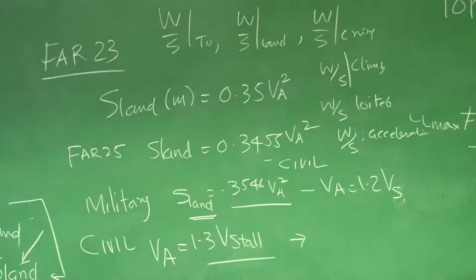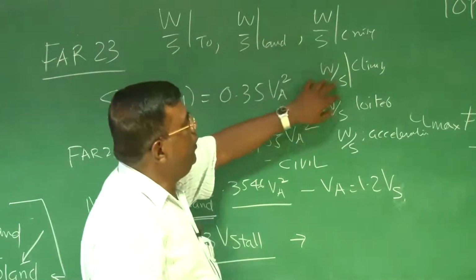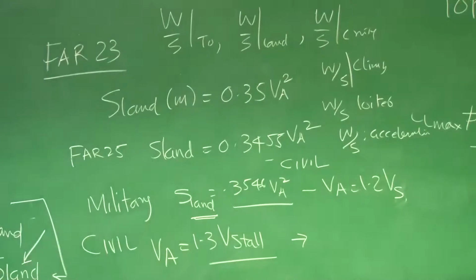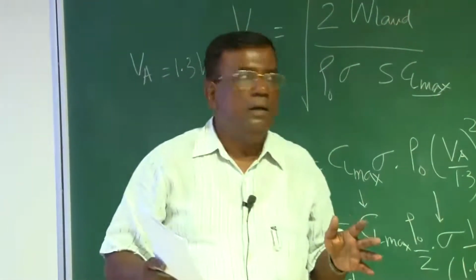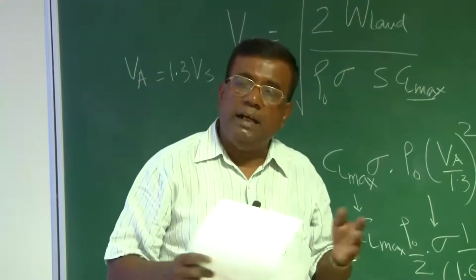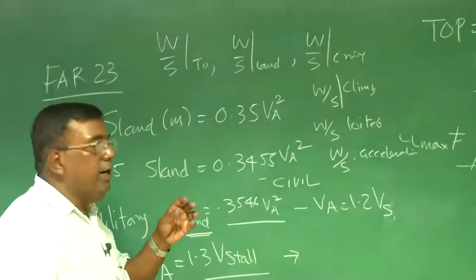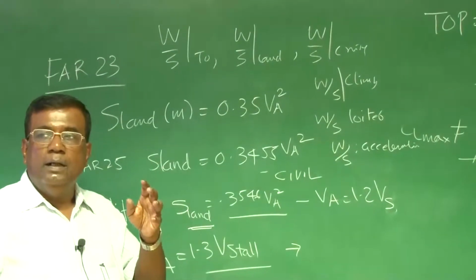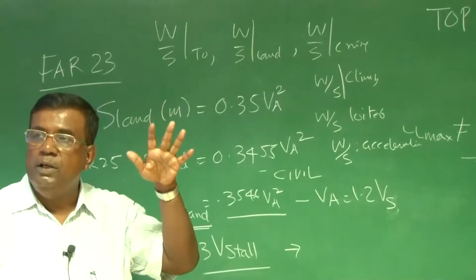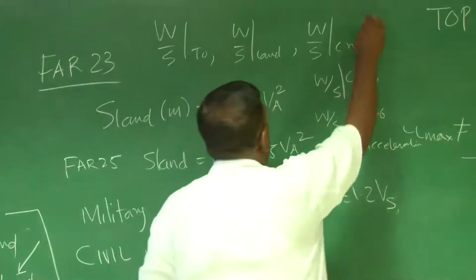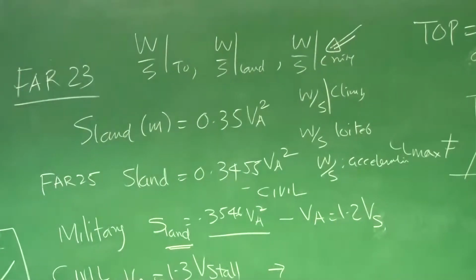Okay? And once we solve an example, then only we will be able to demonstrate how a designer applies his mind, because whatever aircraft you are designing, you have to find out what is the main purpose of the airplane. If it is a transport airplane for carrying passengers from point A to point B, then naturally you will give more weightage to W by S cruise, right?